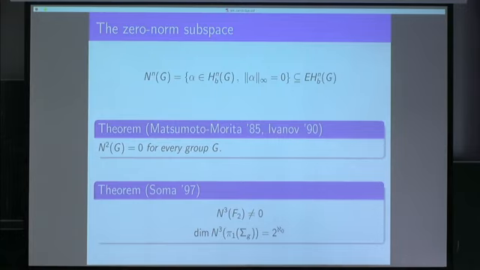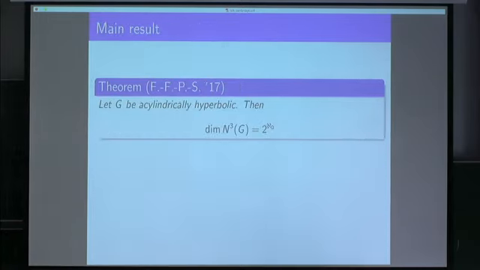So at some point, Alessandro, Beatrice, and me, we had this theorem that did not take care of the seminorm, and we said, okay, we should just adapt our theorem to show that for acylindrically hyperbolic groups, also the space of classes with vanishing seminorm is huge. And this is what we did, in fact. This is our main theorem.